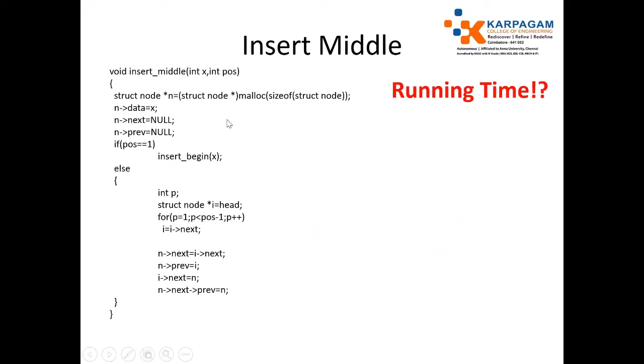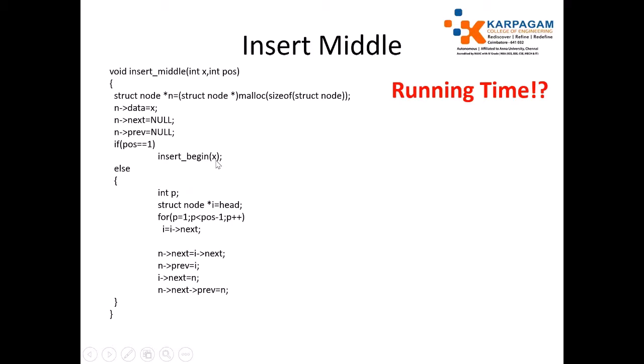Here first I create a new node and set the data values. This insert function has 2 arguments. First argument is the element to be inserted. Second argument is a position, which position the data should be stored. And create a new node. Set the value. And set new node of next equal to null, previous equal to null. If position equal to 1, it means that we are going to insert at the beginning position.